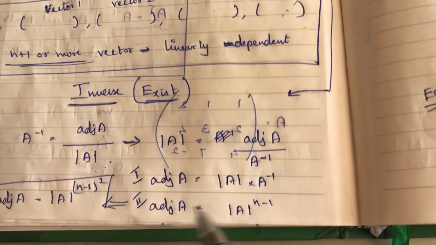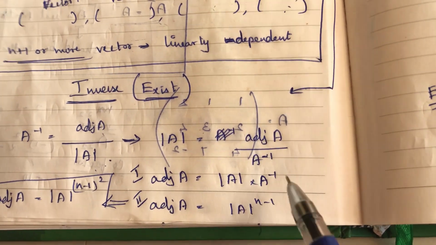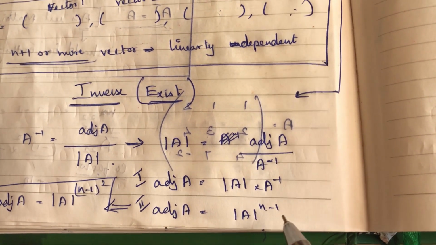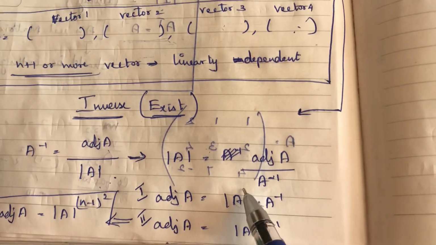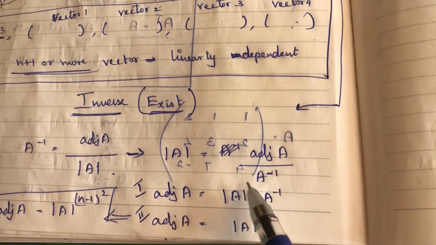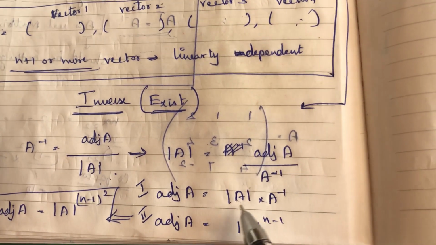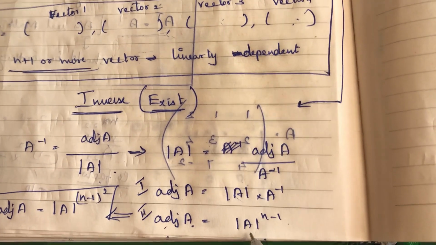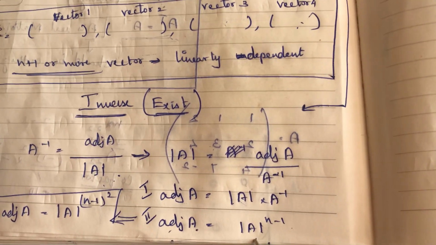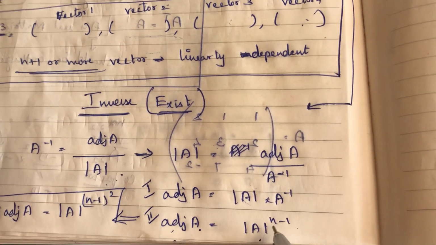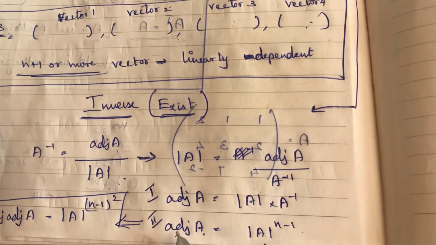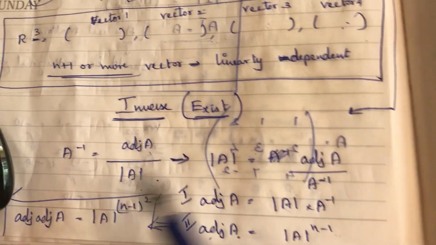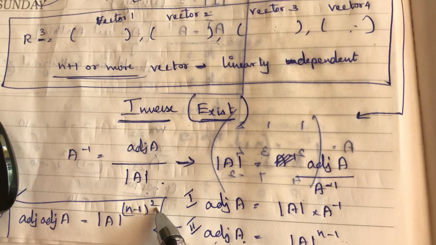And the second thing, you can write this as determinant A to the power n minus 1, because the order is n, and the base is the same, so n minus 1. So adj A is equal to determinant of A the whole power n minus 1. If we add another adj A, it means n minus 1 the whole power 2.